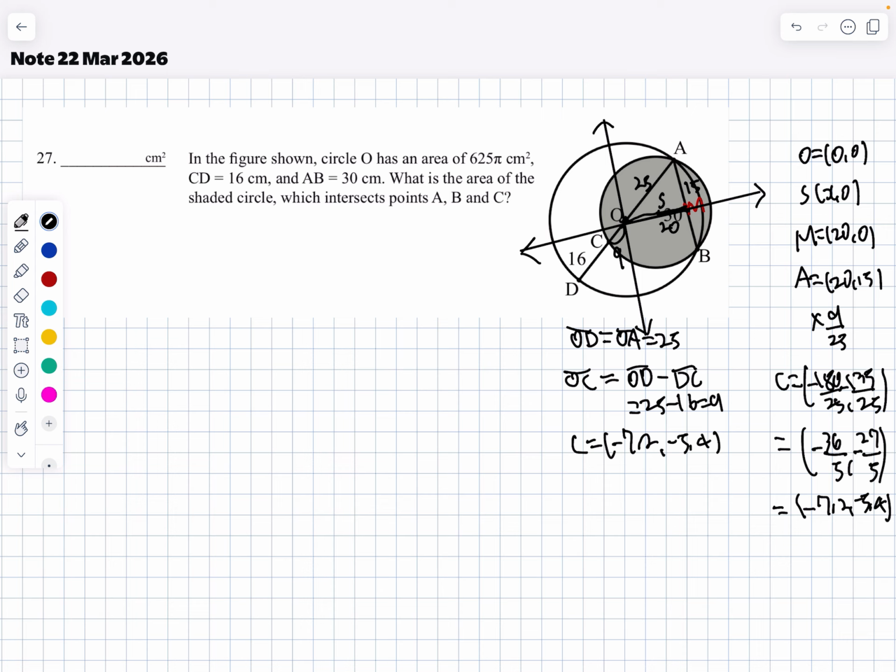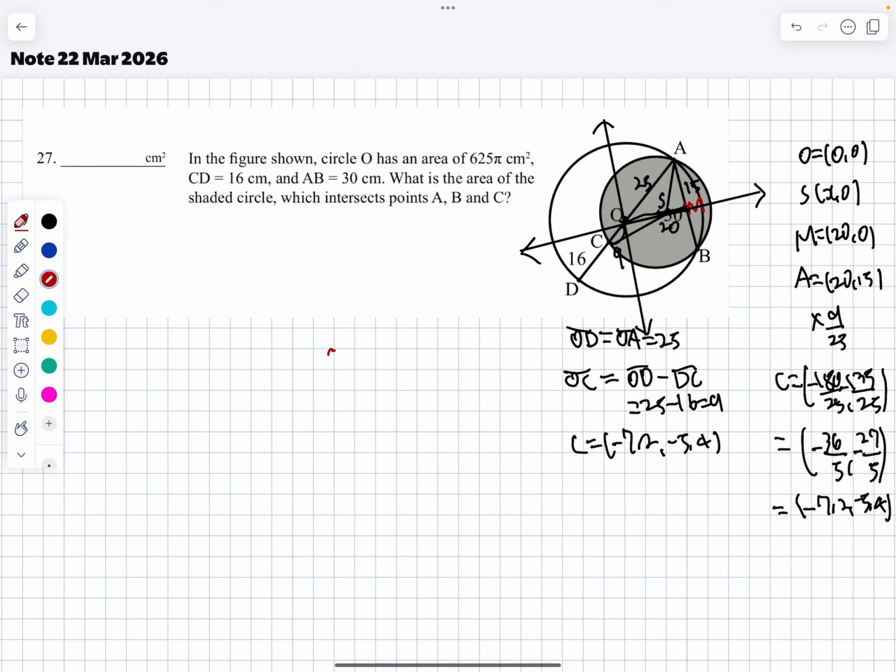Now we want to know what S's point is, because if we know S, we know the length of SA and the length of SC, and we need those lengths to find the area of the shaded region.